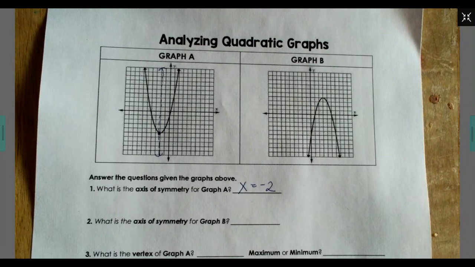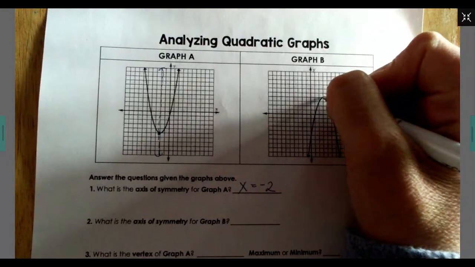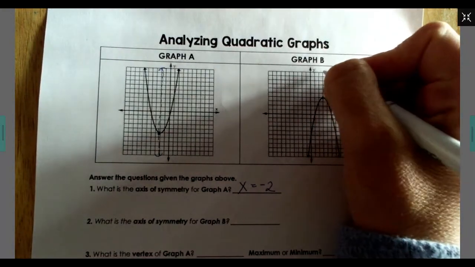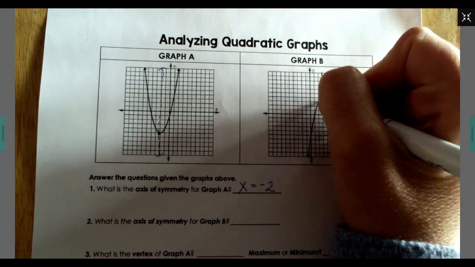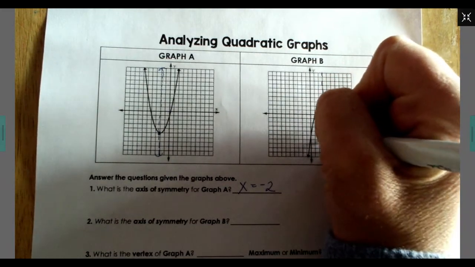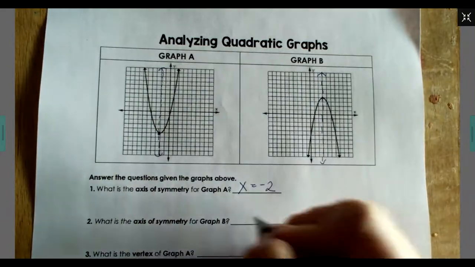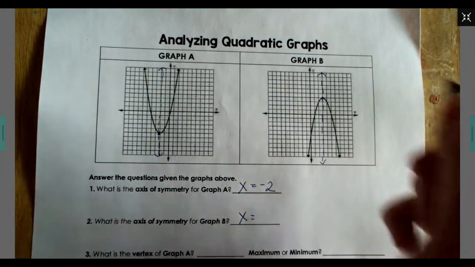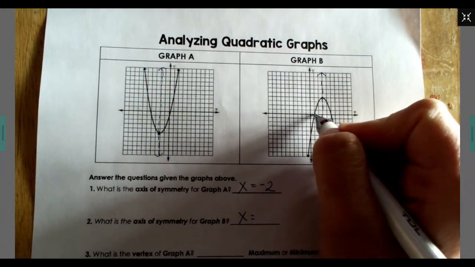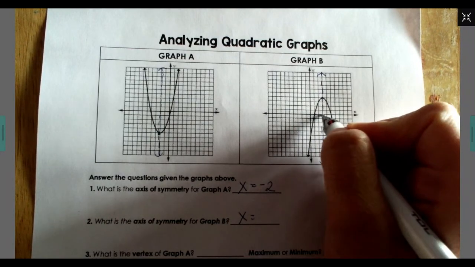Then we have graph B. To find the axis of symmetry for graph B, here's our vertex. So our axis of symmetry goes through that. And it's going to be x equals, and it's over 1, 2, 3.